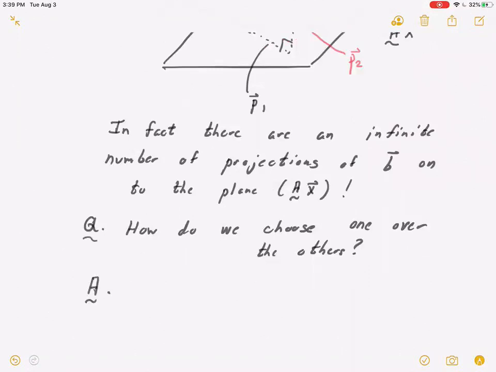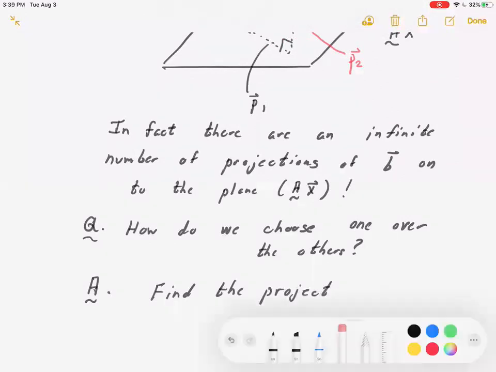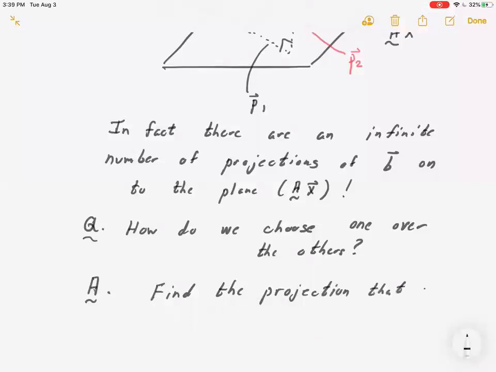The answer will be, we want to simply find the projection that is closest to B.